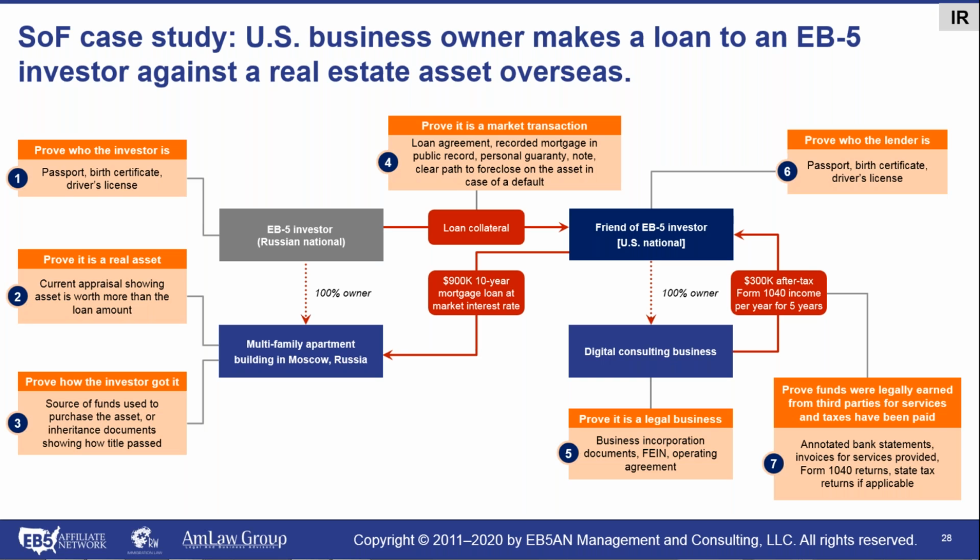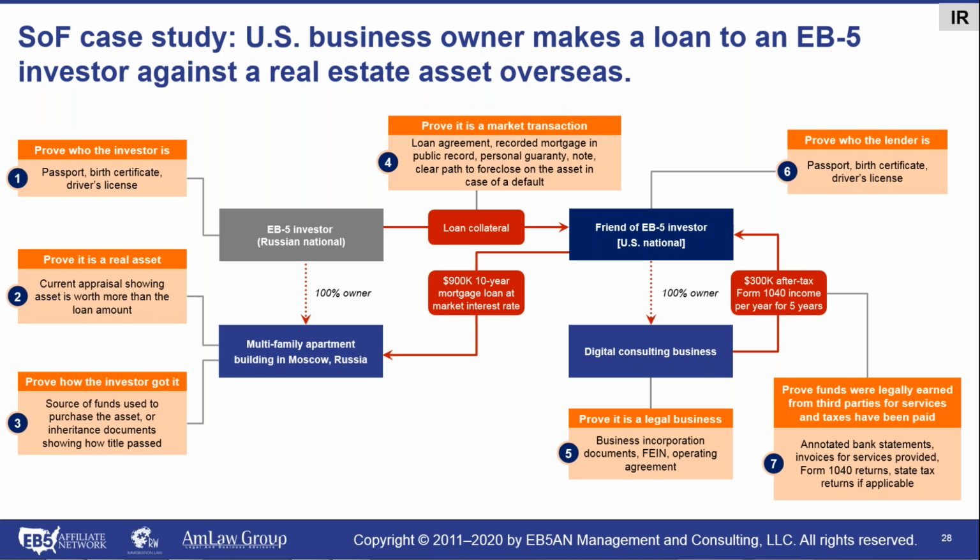Yeah, in the situations we've seen where this structure has been implemented in real life, we have seen it with our clients a few times as well. Typically, we would want the EB-5 investor, the Russian national or whatever country they happen to be from, to open up their own bank account in the United States. Signature Bank is pretty flexible in terms of opening up accounts without having a physical person go to the bank in the US.